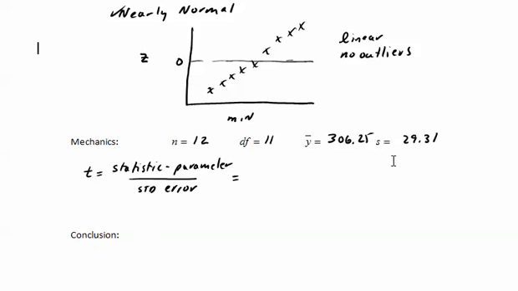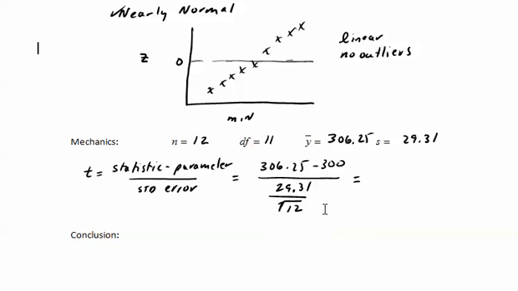So I can go ahead now and fill these in my t calculation, 306.25 minus the 300, which is the population parameter that we're testing, the null hypothesis, divided by 29.31, divided by the square root of 12.